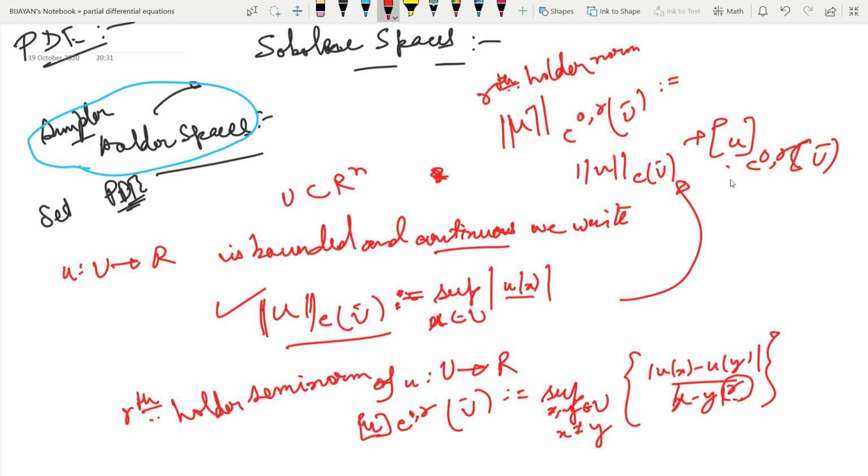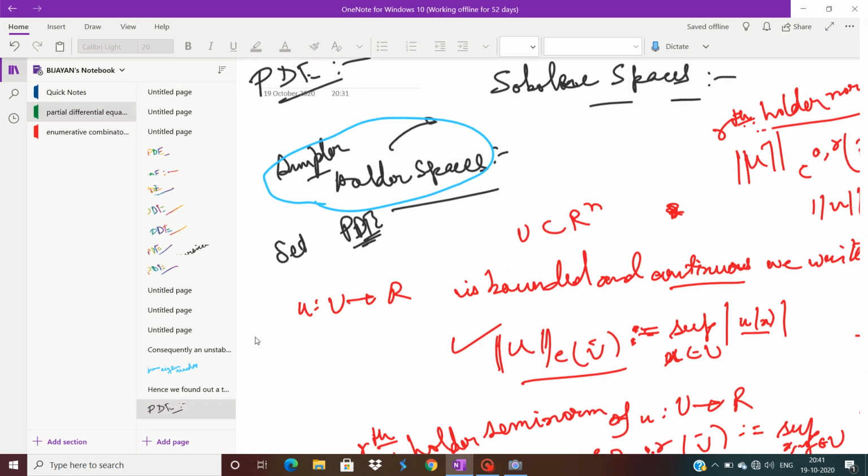Notice it is the seminorm, again the gamma Hölder seminorm. So this is the definition of the gamma Hölder norm.